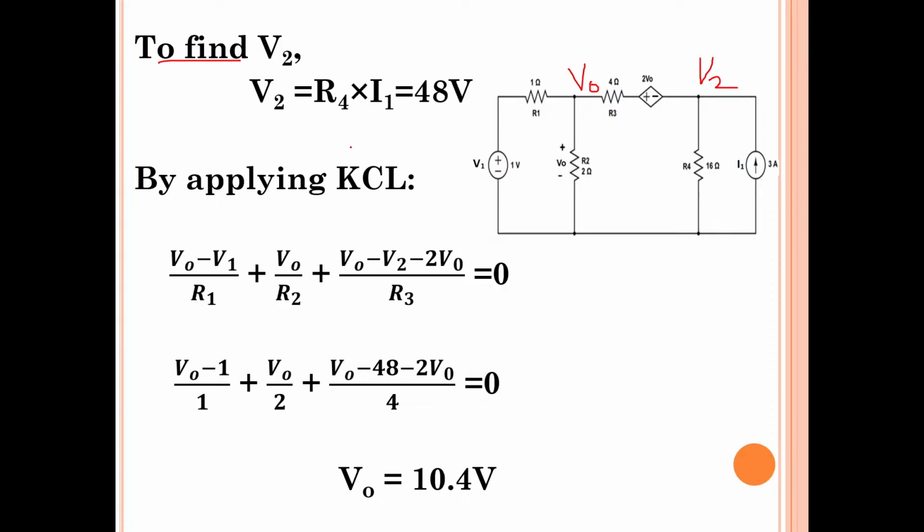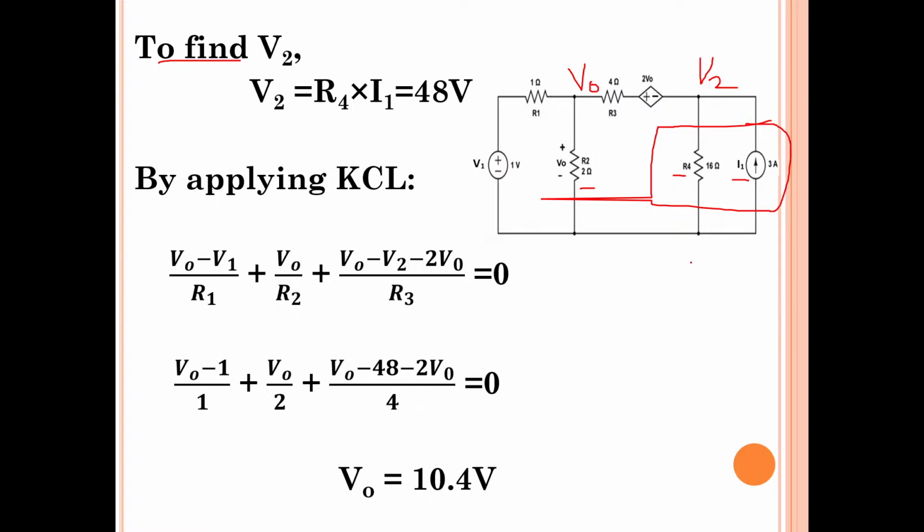We don't know V0. They have asked us to determine the voltage across R2, so we have to determine V0. But before that, let us see whether we can determine the V2 value. So what is V2? V2 is equal to R4 into current I1. See, the resistor and current source are connected in parallel here.